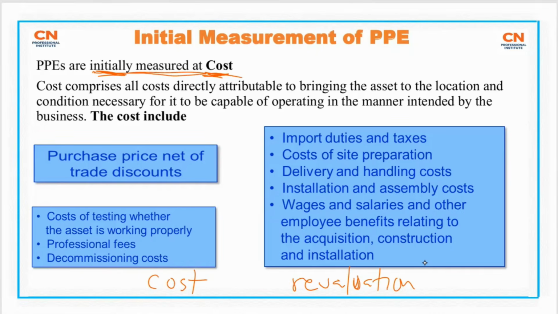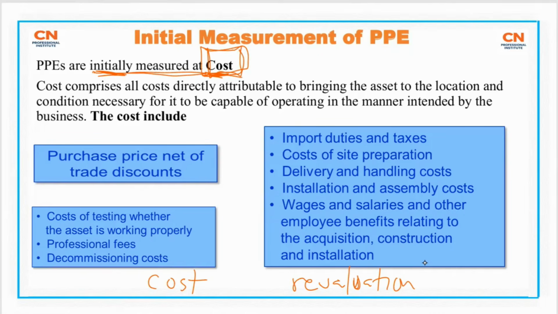So we'll look at these things in detail as we move on. We just know that PPEs are initially measured at cost and subsequently at either the cost model or the revaluation model.